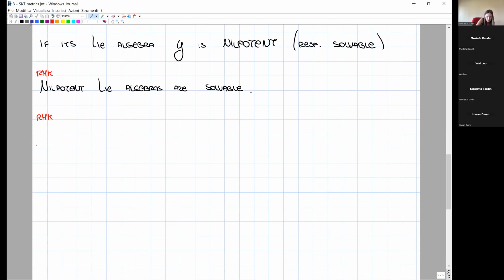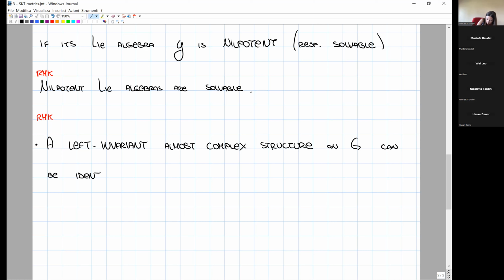So a left invariant almost complex structure on G, so on the Lie group, can be identified with a linear map, that we denote again with J, on the Lie algebra itself, such that J squared is minus the identity.